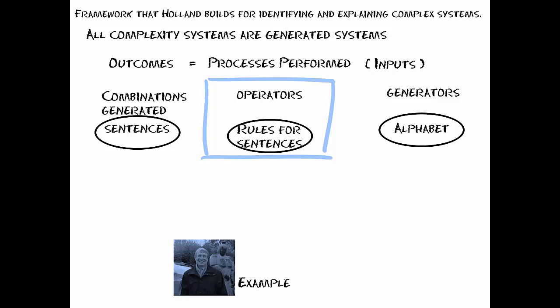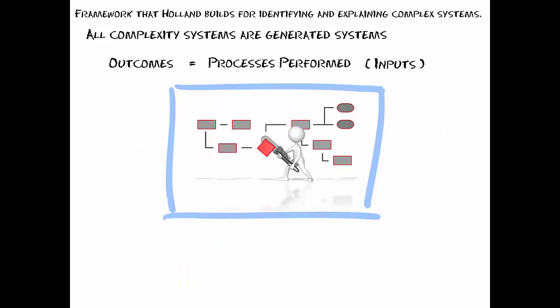So that is an example of this whole process, where you have outcomes, the processes that are performed over them, and the inputs being the alphabet. So basically, let's take a look at what I think he's talking about.